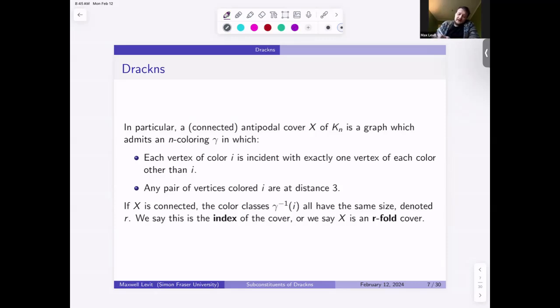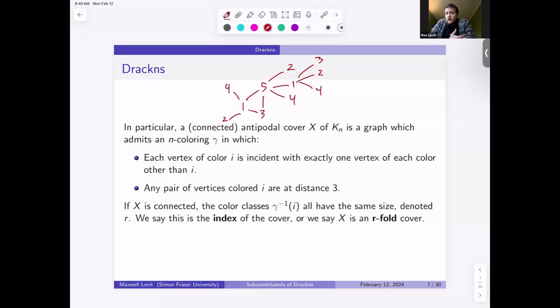So for instance, some cover of K5 might look like: a vertex 1, and it's got a neighbor 4, a neighbor 5, a neighbor 3, and a neighbor 2. And the 5 there, maybe it sees that 3, but maybe it sees some other 4, some other 1, and some other 2. And that 1 better see a 4 and a 2 and also a 3, and something like that.